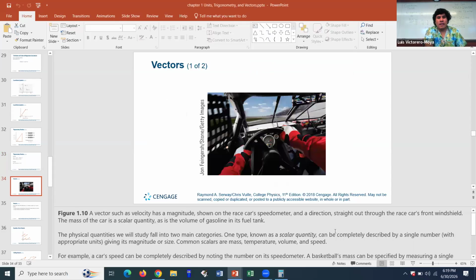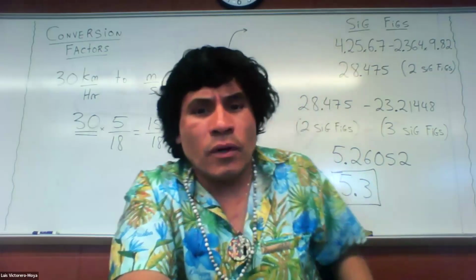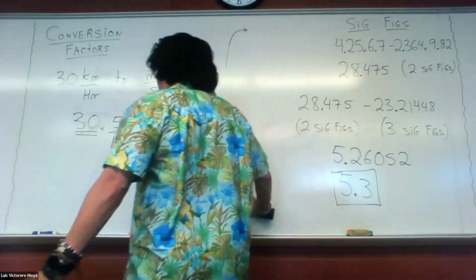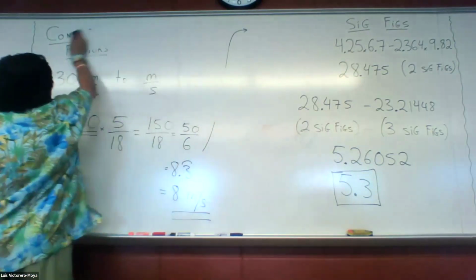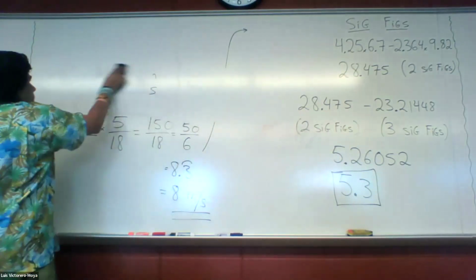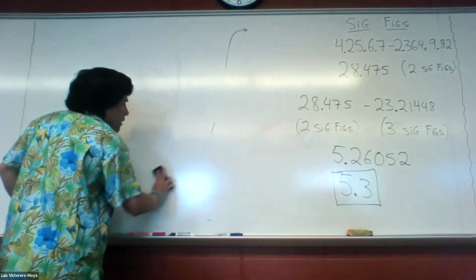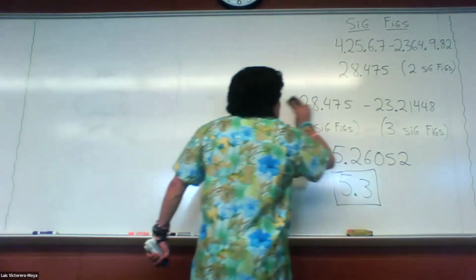Okay, so let me show you on the whiteboard. What is a vector? You have already seen the trigonometry behind what we're going to be talking about with vectors. But what is a vector?